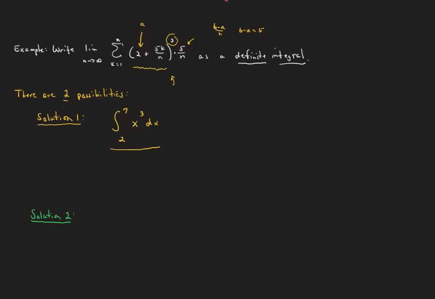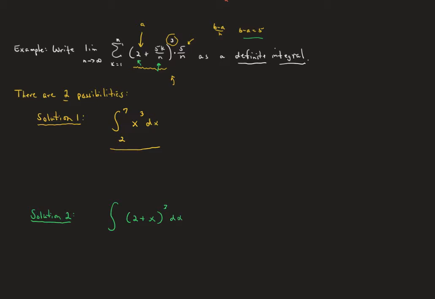Now there's a second way you could do this as well. You could make this 2 not the a, not the lower limit, but make it part of the function f of x. That is, we still have the b minus a being 5 apart, but we could think of our function as being 2 plus x, cubed.